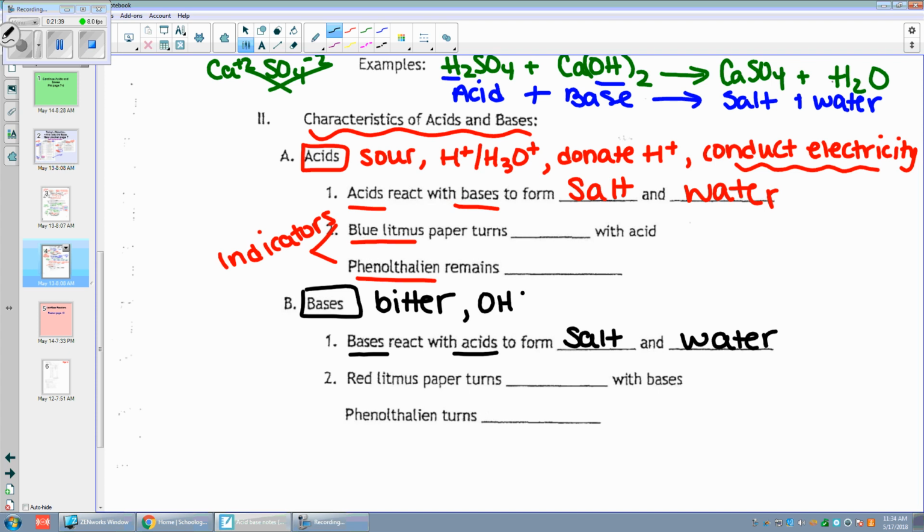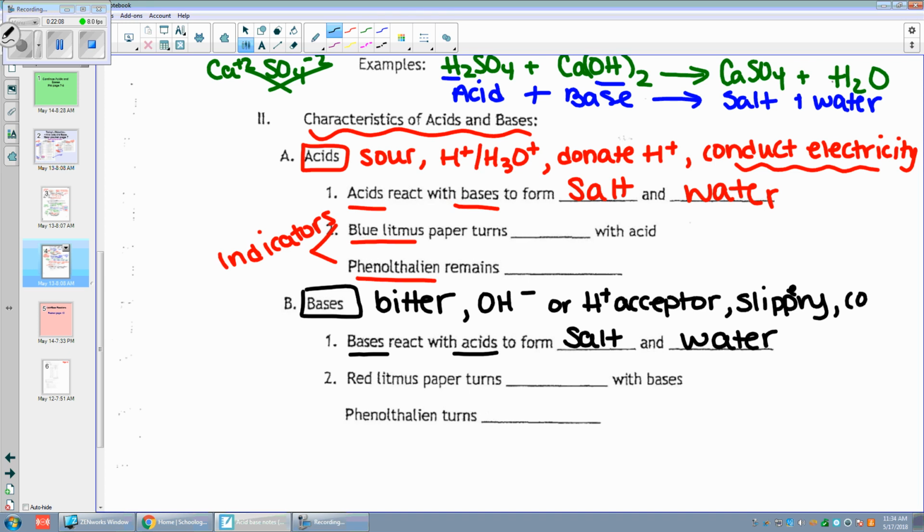They have OH minus ions, or I define them as being an H plus acceptor. Generally, if you get them on you, they're going to feel slippery. They will feel very slippery. Oops, I forgot. Well, you're used to me spelling things wrong. Slippery. They'll be slippery.